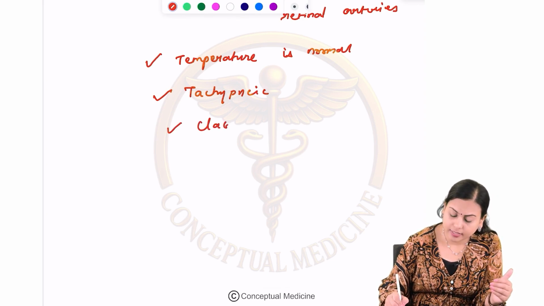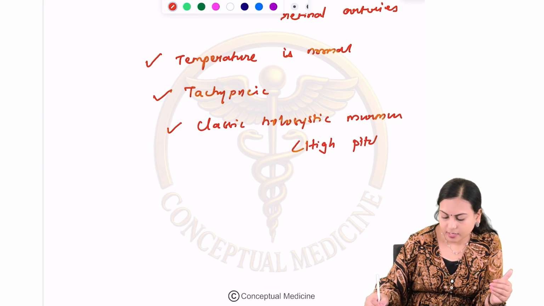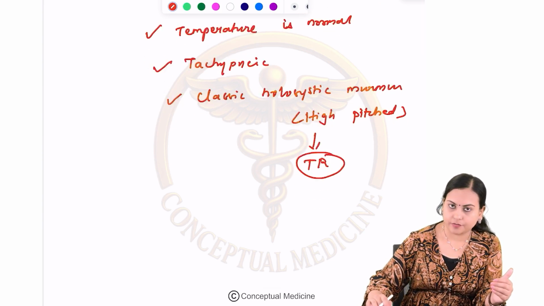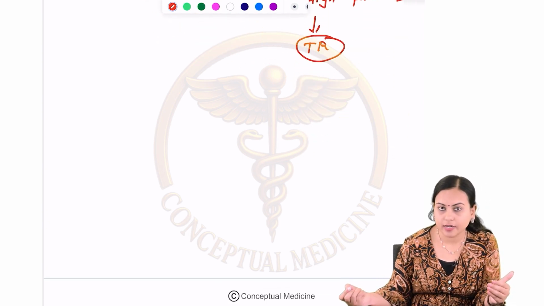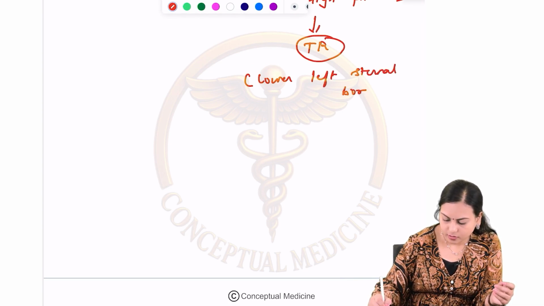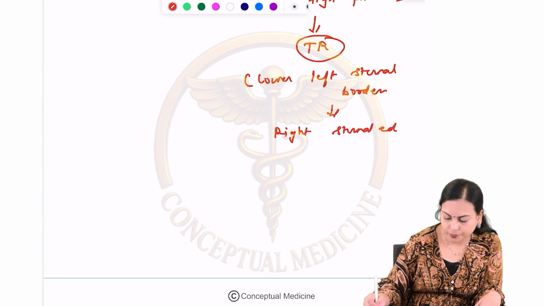They can have a classic holosystolic murmur, which can be high pitched as well. This occurs in case of tricuspid regurgitation, and this can be heard loudest at the lower left sternal border. Sometimes this can even radiate to the right sternal edge.